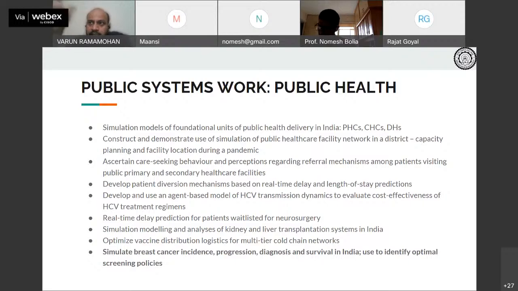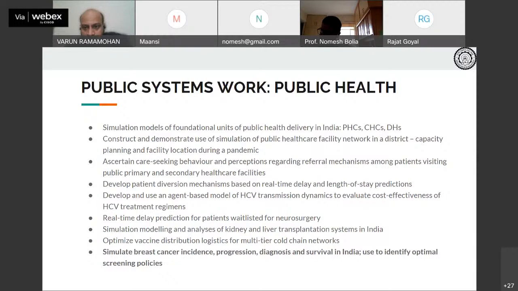PHCs are basically small clinics which are staffed by 1 or 2 doctors, a few nurses, and so on. They offer primary care primarily and some immunization outreach activities. CHCs are supposed to be 30-bedded hospitals, although what we've found is that it actually varies. Some CHCs work at their mandated capacity, whereas a lot of those we've seen work below their mandated capacity.